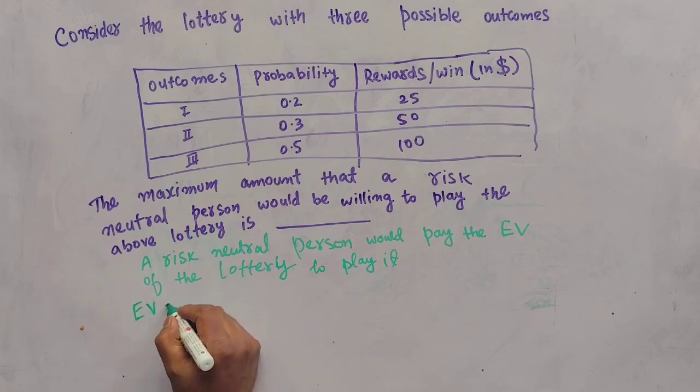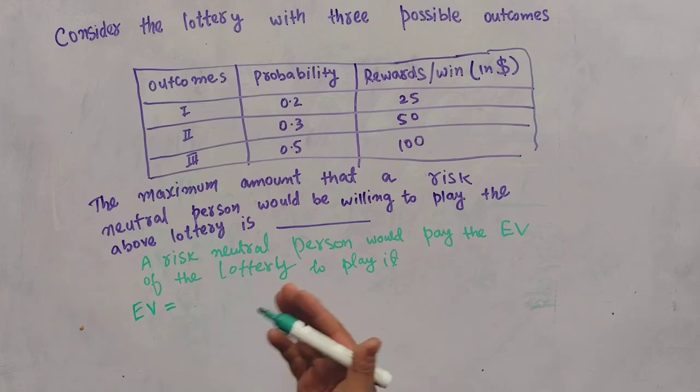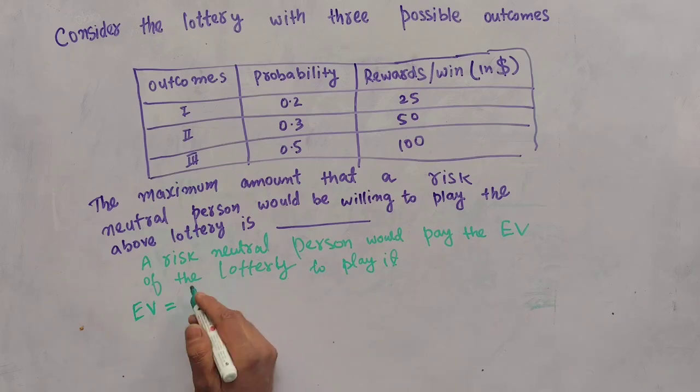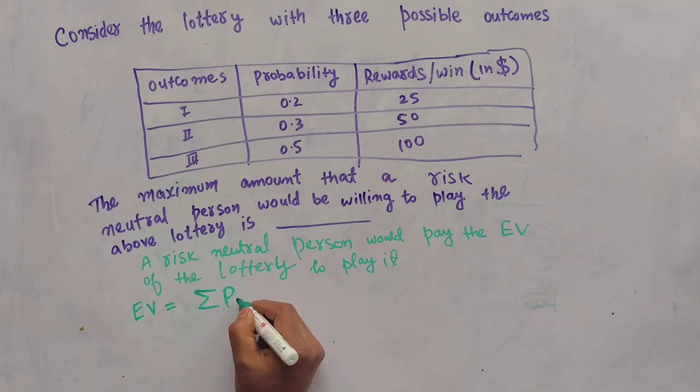Expected value is simply equal to the probability of each outcome times the payoff for each outcome. That is, expected value is equal to the summation of pi times xi.